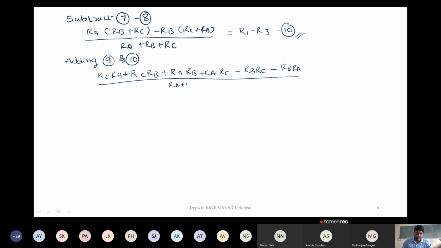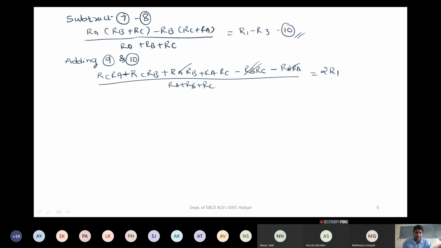again RA plus RB plus RC equal to, so you will get there that R3 will get cancelled out, so you will get 2 times R1, okay. And not only that, here you can see minus RB RA and plus RB RA will get cancelled out.